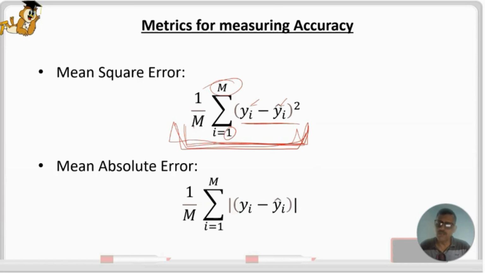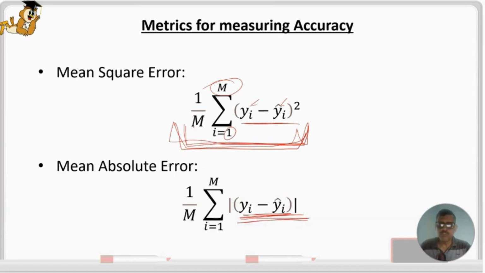If you don't like taking squares, you could probably work with the absolute value of the error. So the mean absolute error, 1 over m summation of the absolute value of the differences, and you basically sum them up over all the training data. That's another metric you could use for measuring accuracy.